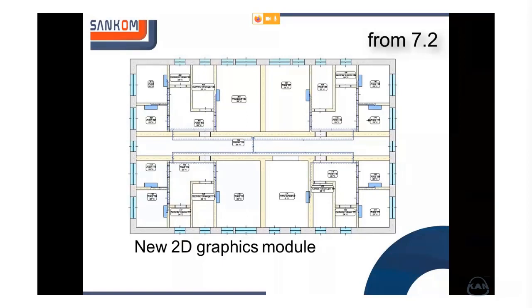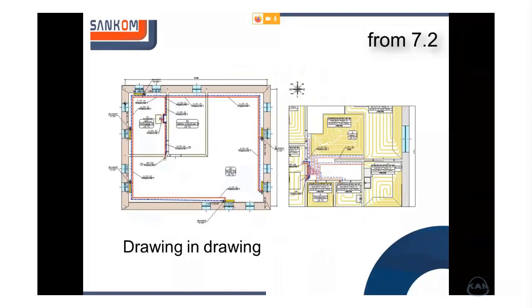Before, we concentrated on the 3D visualization, also on axonometric projections, and recently we decided also to refresh the 2D graphics module. Now the 2D plan views, I believe, look better and also work smoother.